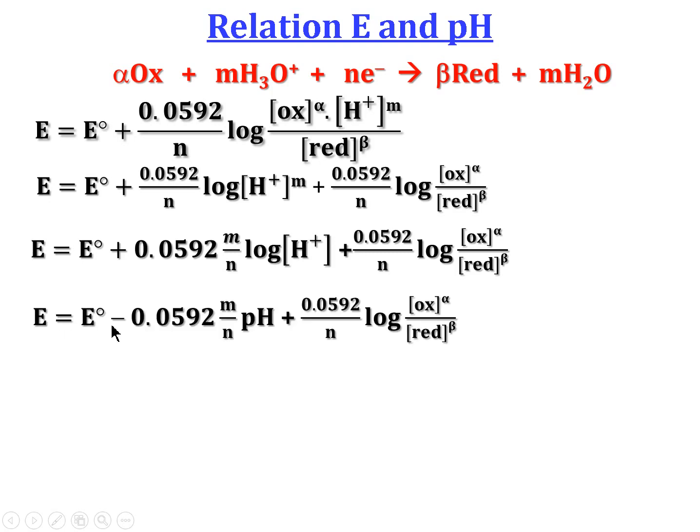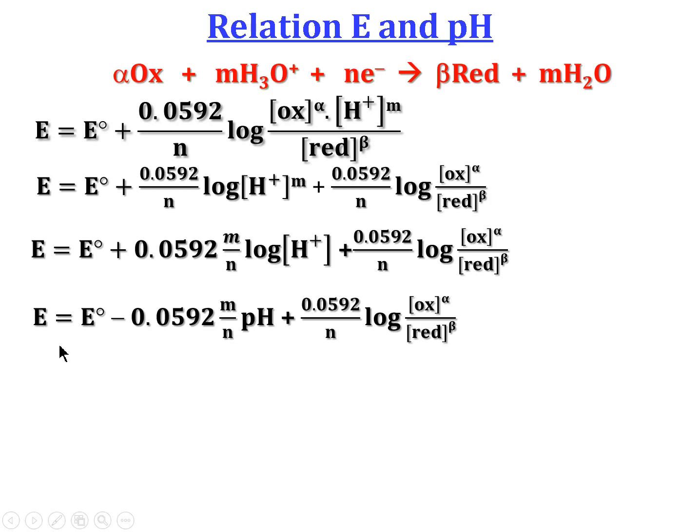So E equals E0 minus 0.0592 m over n pH, since the pH equals minus log [H3O+], plus 0.0592 divided by n log concentrations of ox and red according to the stoichiometry. So this relation is equal to E0 constant minus 0.0592 m over n pH for a determined concentration of H3O+ used in this couple, so the pH is constant.